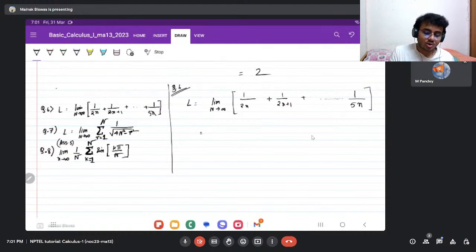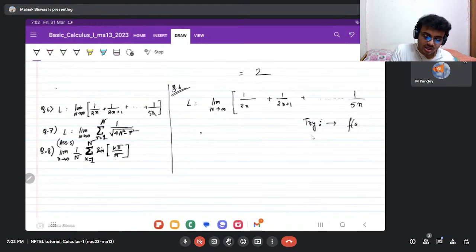So we will always try to formulate an equation of the form f of r by n or k by n. Why are you trying to get f of k by n? Because this is your delta, and this is your value of x.